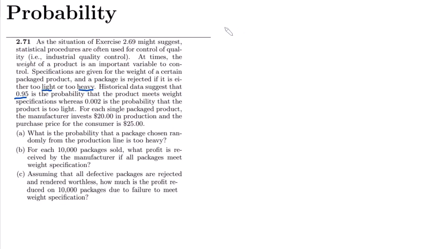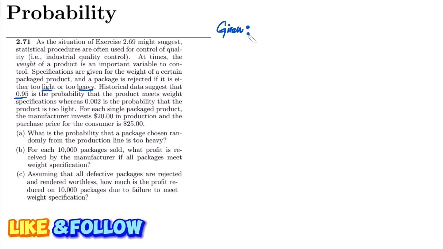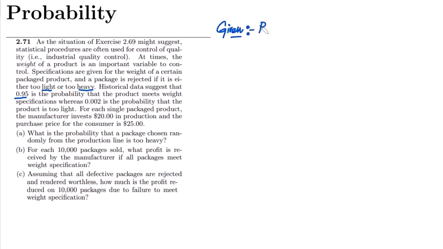Okay, so let me write the given data here. According to the given data, the product can be of normal weight, so P of N is equal to 0.95, the probability of the normal weight. Similarly, 0.002 is the probability that the product is too light. So the probability of too light is equal to 0.002.